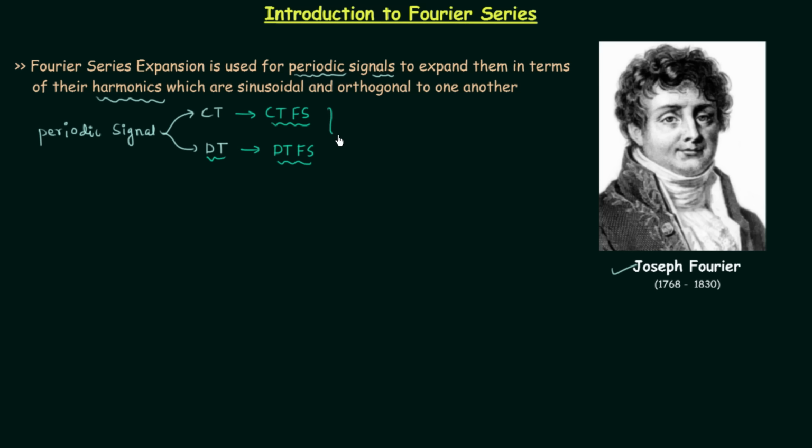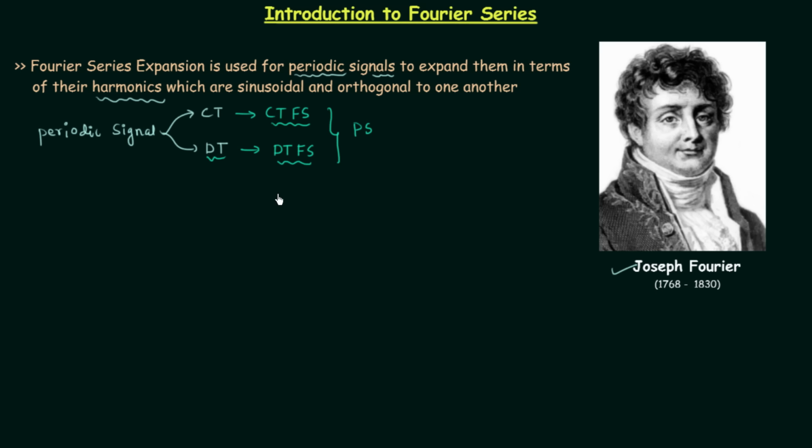What about non-periodic signals? If we talk about real life signals, then we don't have the periodic signals. Generally, we have the non-periodic signals. We will see one example of this after a few minutes, but we know the real life signals are non-periodic in nature. Now for analysis of non-periodic signals, we needed some tool, and the tool was given by Joseph Fourier, and the tool is known as Fourier transform. Now there are two types of non-periodic signals.